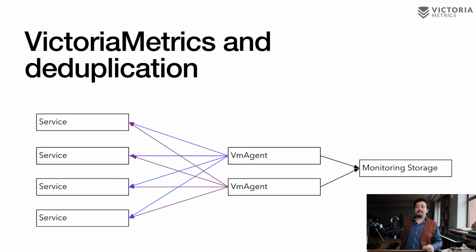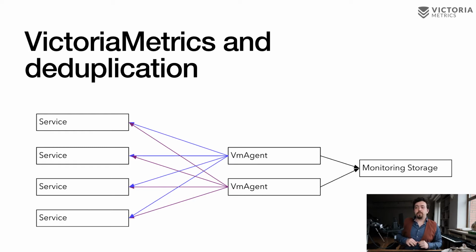But in VictoriaMetrics we thought a lot about this, and we implemented a deduplication mechanism. That means you can use vmagent, or Prometheus to vmagent better, because Prometheus still wants to store data locally, which can be disabled, and because of this it can be really slow sometimes.